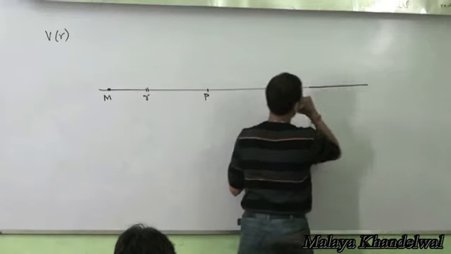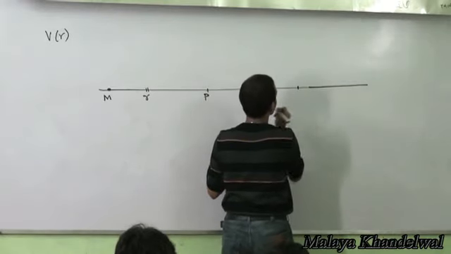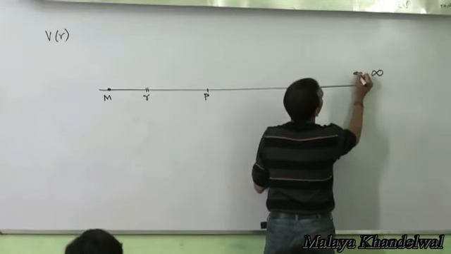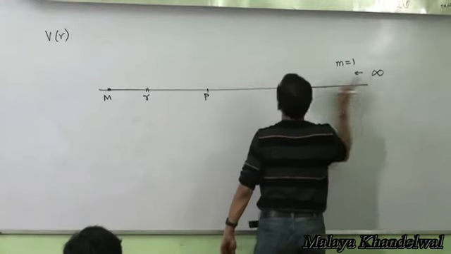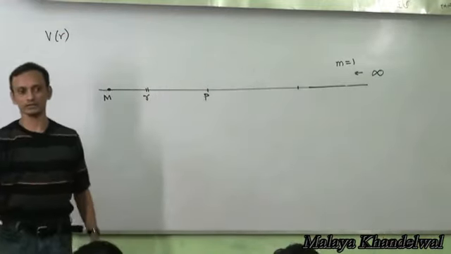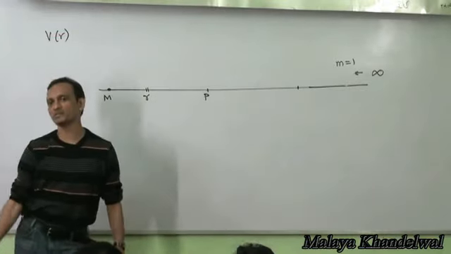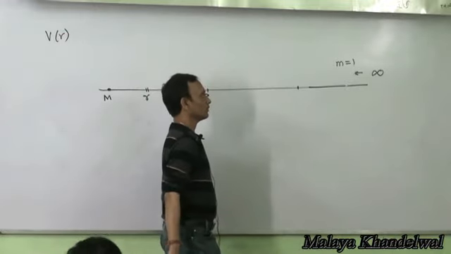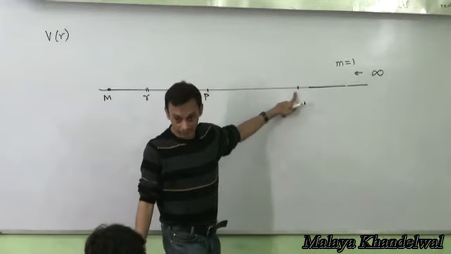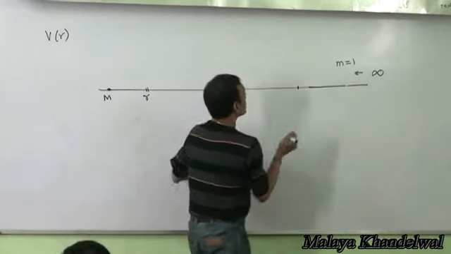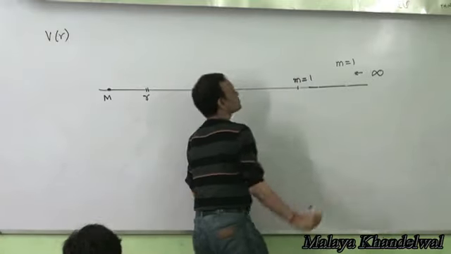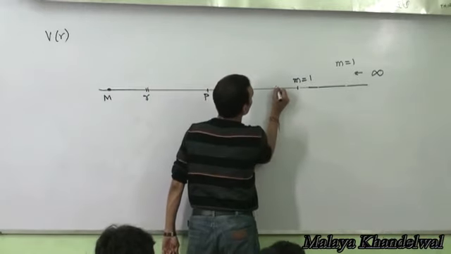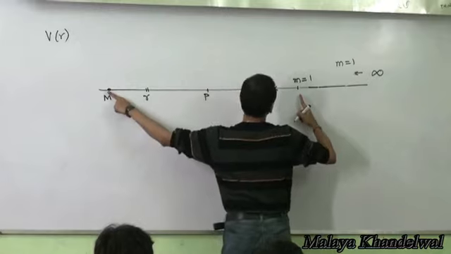So then, there is an external agent which is transporting a mass m equal to 1 unit from infinity to the point P gradually, slowly. Now, at an intermediate point from infinity to P, the test mass, unit mass m equal to 1, experiences a force leftwards because of the field.